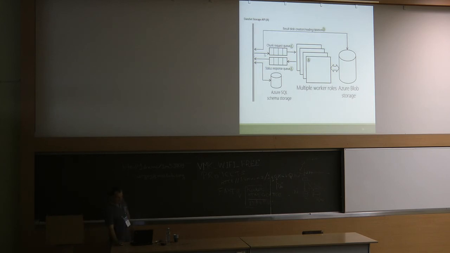how many chunks and what part of the chunks it needs to get, and it puts requests for the chunks into an Azure queue. And there are multiple worker roles, multiple worker services that monitor this queue, and if we want to extract a slice from a chunk, this worker extracts the data and puts the result into a response queue.